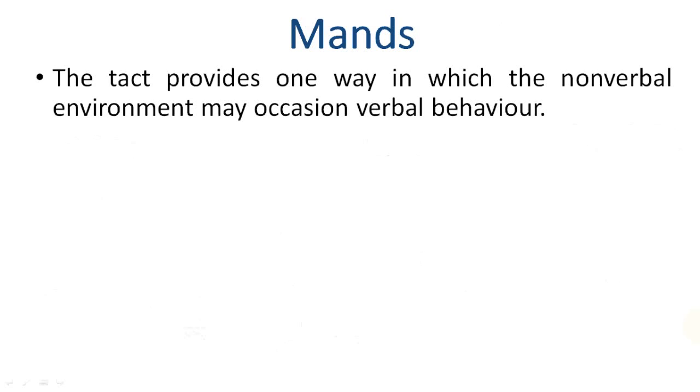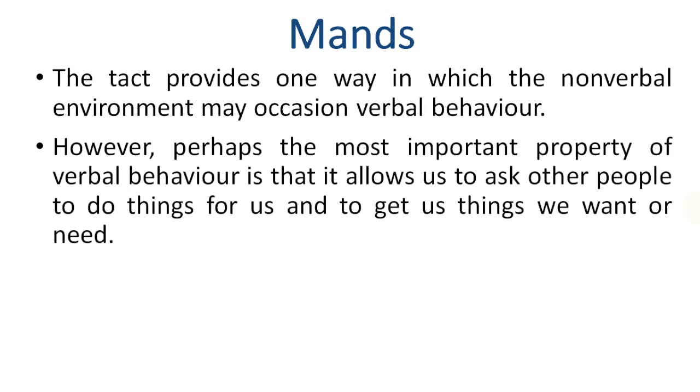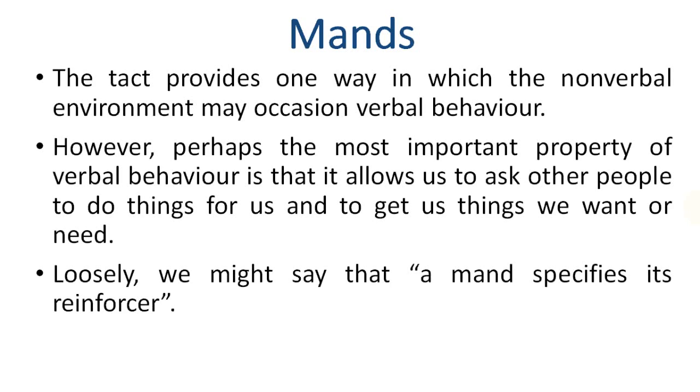Our next verbal operant then would be the mand. The tact provides one way in which the nonverbal environment may occasion verbal behavior, but usually we use verbal behavior to get people to do things for us or to get a specific response in our social environment. A mand then specifies its reinforcer.